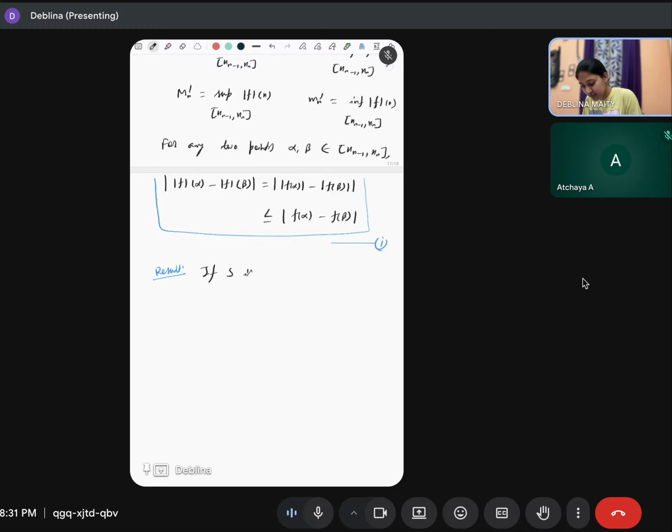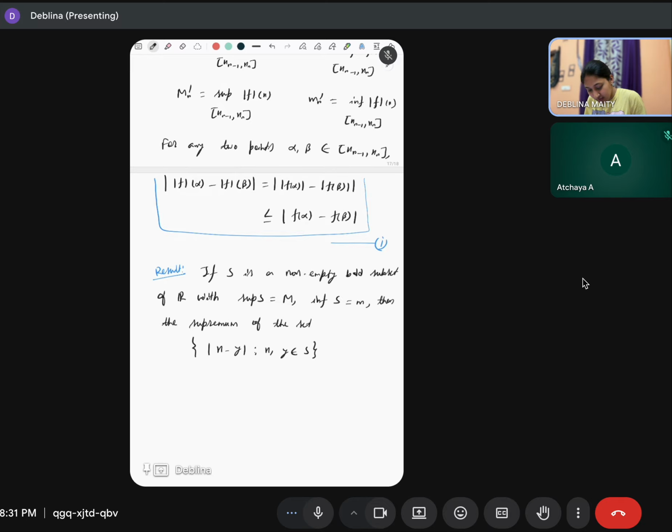If S is a non-empty bounded subset of R with supremum of S is capital M and infimum of S is small m, then the supremum of this set, mod x minus y where x, y belong to S, is capital M minus small m. Okay, so this result we are going to use.